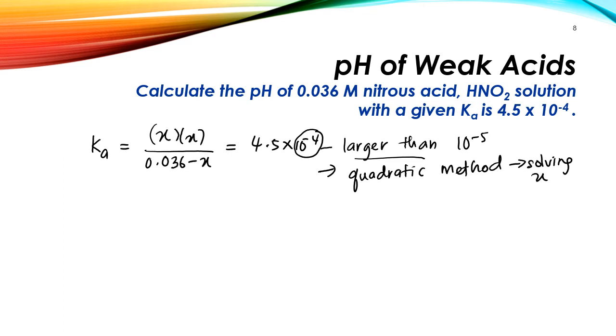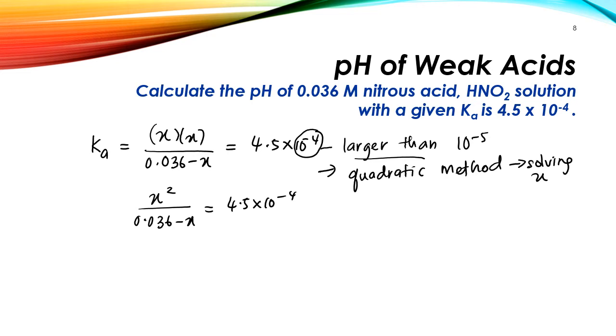So let's write the equation of the quadratic. X squared divided by 0.036 minus x is equal to 4.5 exponent negative 4.